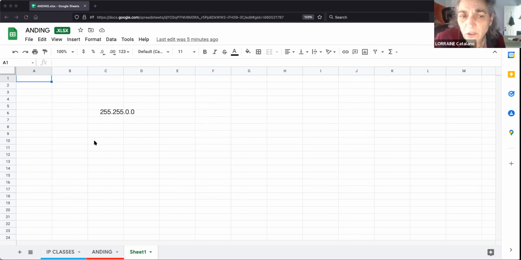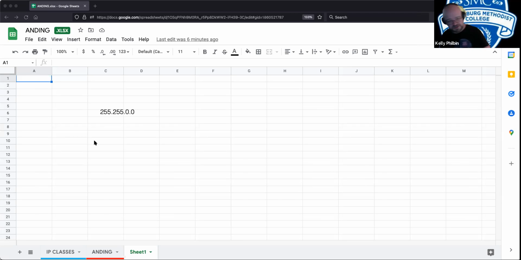Under each octet would be 0s and 1s that represent 255. 255 would be all 8 bits turned on, right?